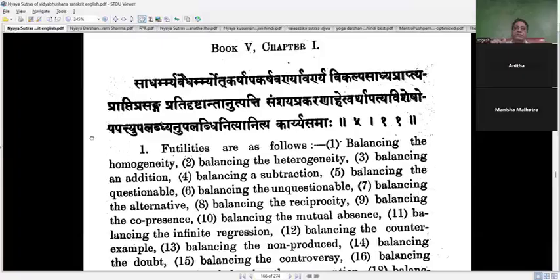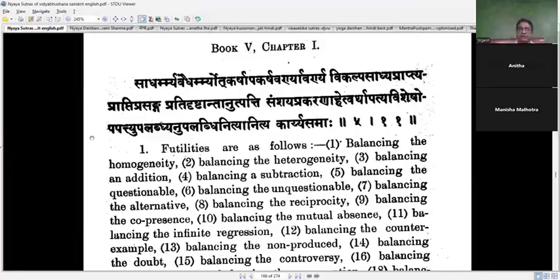So avarnya will apply to things like atma or akasha or sound. Even vayu, because vayu is not seen, but mostly to the first three. So avarnya, balancing the questionable, balancing the unquestionable.